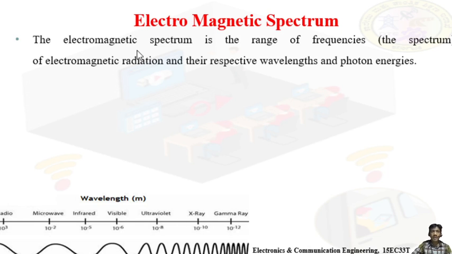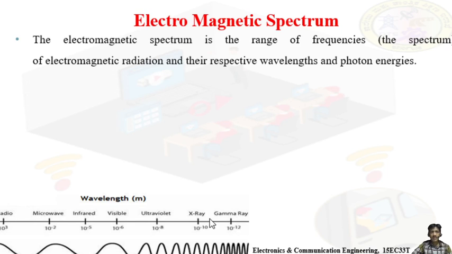The electromagnetic spectrum is the range of the frequency of electromagnetic radiation and their respective wavelength and photon energy.